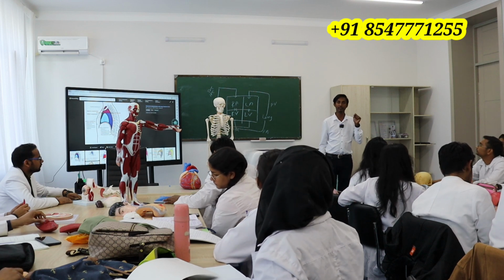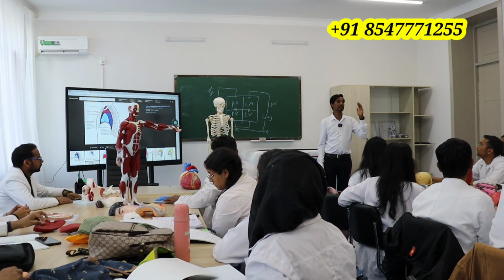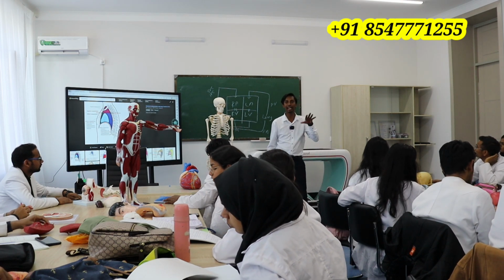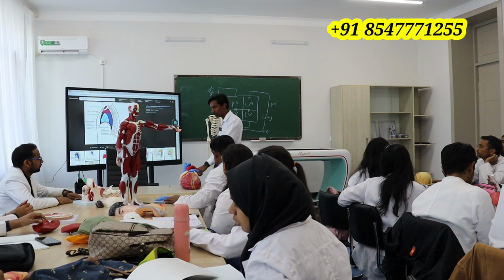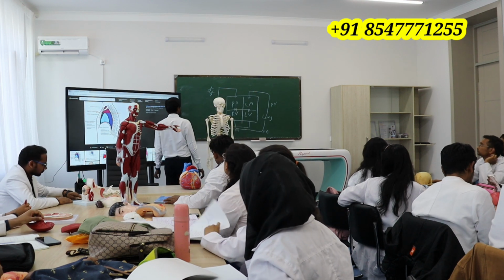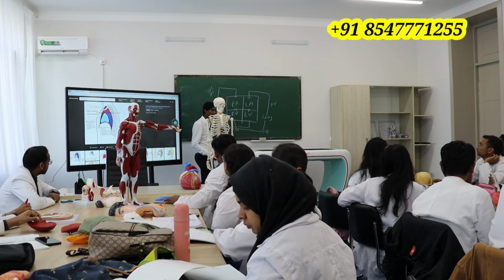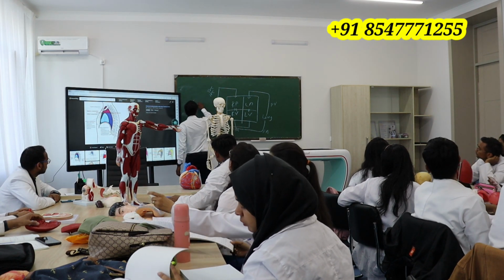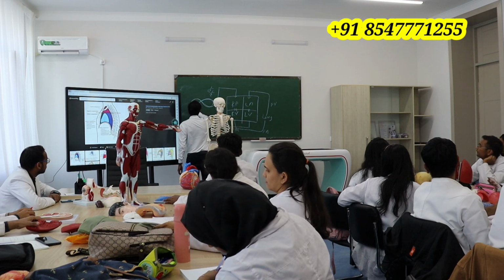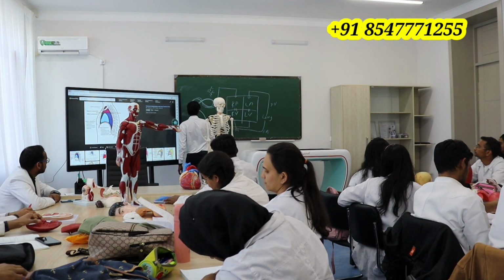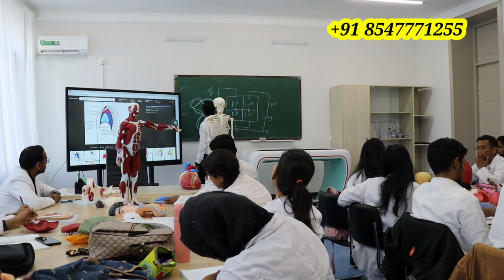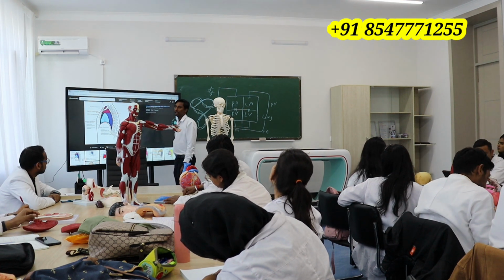This visceral pericardium is also called the epicardium. Then we have the myocardium. Then we have the endocardium. These are the layers of the heart. You have to remember, okay? And the pattern of muscle in the myocardium is a pattern of 8, right? The muscles in the atrium are like this, and the muscles in the ventricle are like this. This is the pattern of arrangement of muscles in the myocardium.